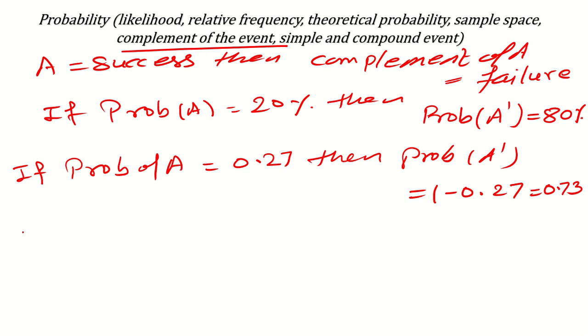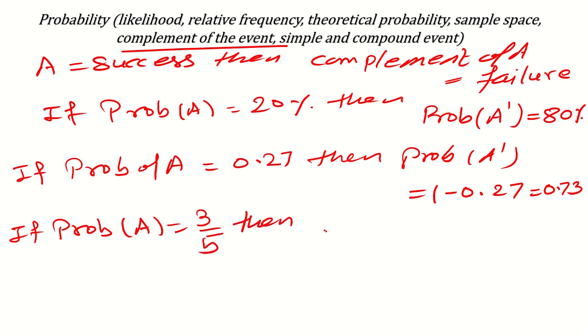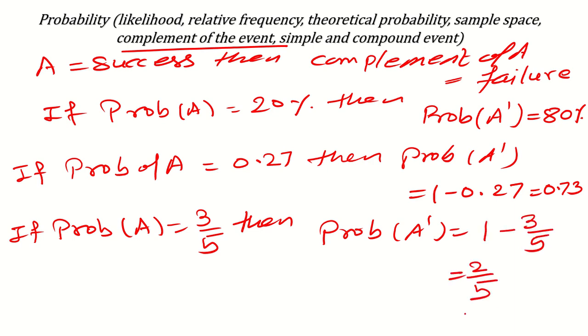If you have it as a fraction, if the probability of A is 3 over 5, then the probability of its complement will be 1 minus 3 over 5, which is 2 over 5. Definitely you are going to have a question on complement. It is very easy. Complement means whatever is given to you, just make its opposite and you will get the complement.